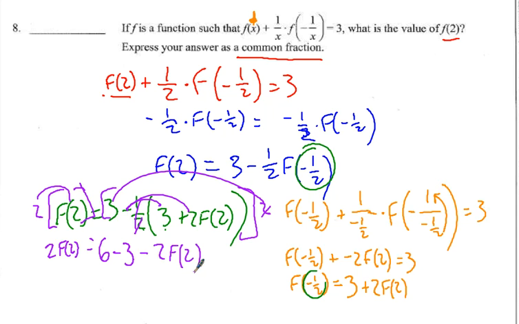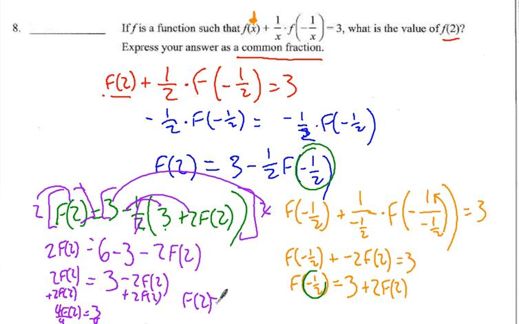So I get 3 minus 2f of 2. So let's add 2f of 2 to both sides. I think we got it. And so I get 4f of 2 is equal to 3, divided by 4 and divided by 4. And I get f of 2 is equal to 3/4.